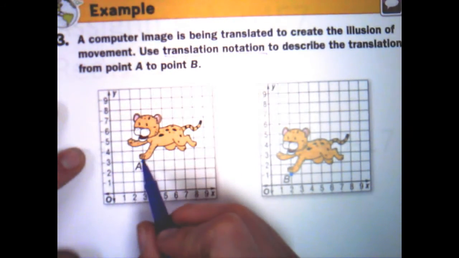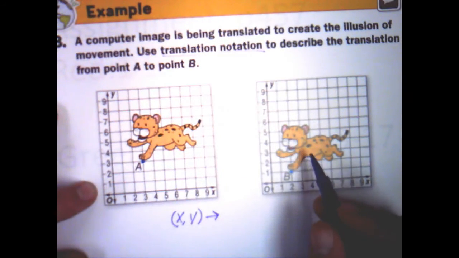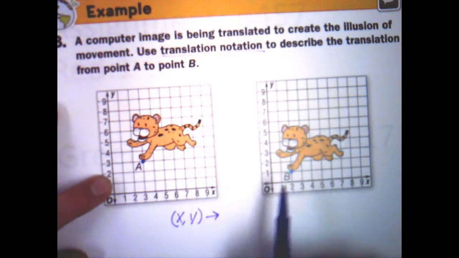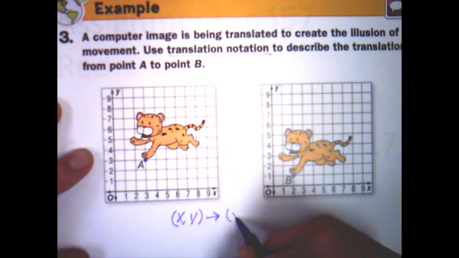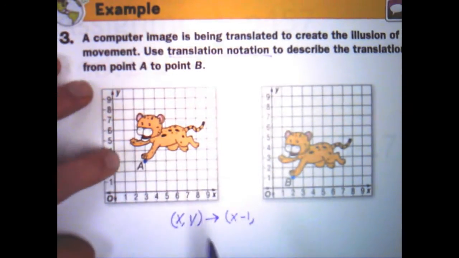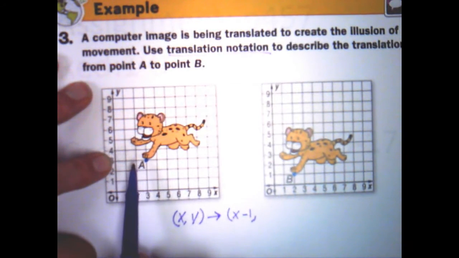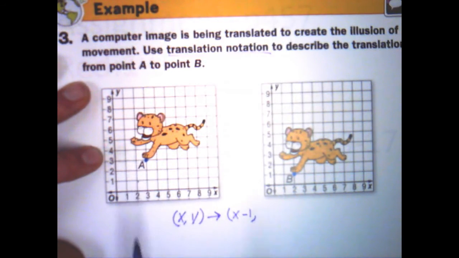So if I started at A here at 3 comma 3, first of all, what did I do to the x-coordinate? The x-coordinate controls the right or left. So from here, I went back 1. Okay, so that would be x minus 1. And now from y, think about this, on the y, I went down 2 to get to that point.